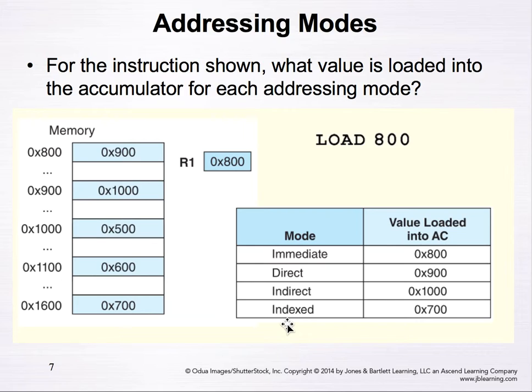On the other hand, the direct addressing is also quite fast because although the value to be loaded is not included in the instruction, it is quickly accessible, and it's also much more flexible than the immediate addressing mode because the value to be loaded is whatever is filed at the given address, which could be a variable.